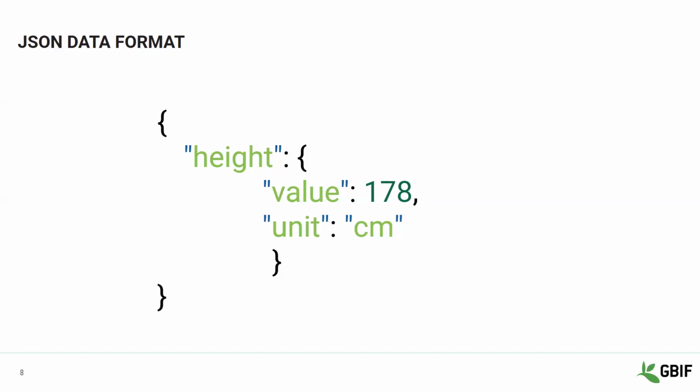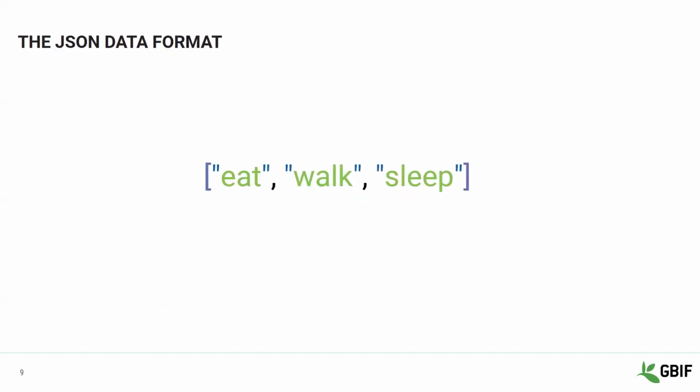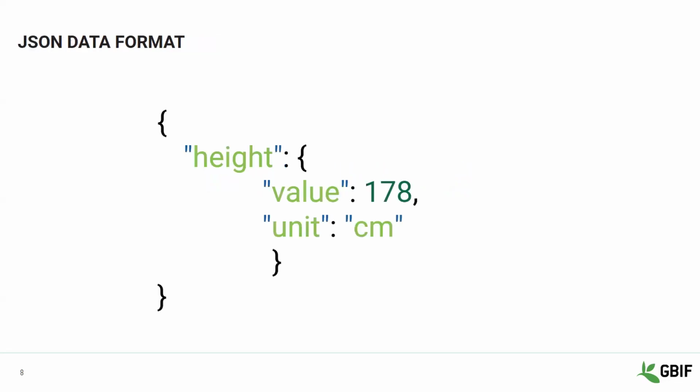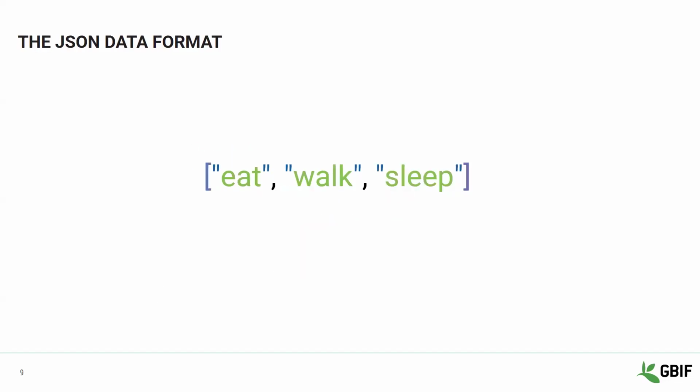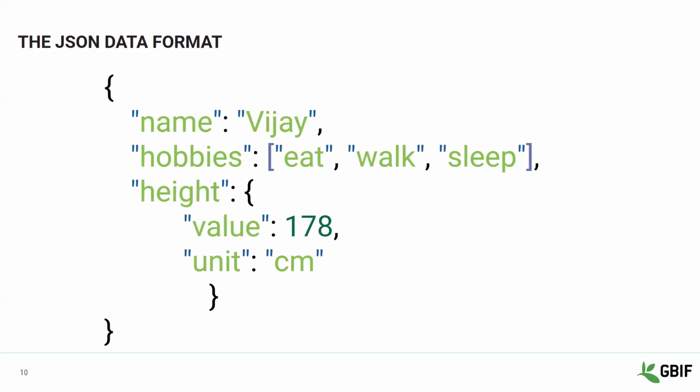So we can keep on adding and nesting these key-value pairs to make a complex structure to pass on the data. JSON also supports arrays or lists. This is a list of things that you can pass. When you are passing the list, it is in square brackets. When you are passing the key values, it is in curly brackets. So to put it all together in a little more complex structure, name is Vijay, hobbies are eat, walk, and sleep.